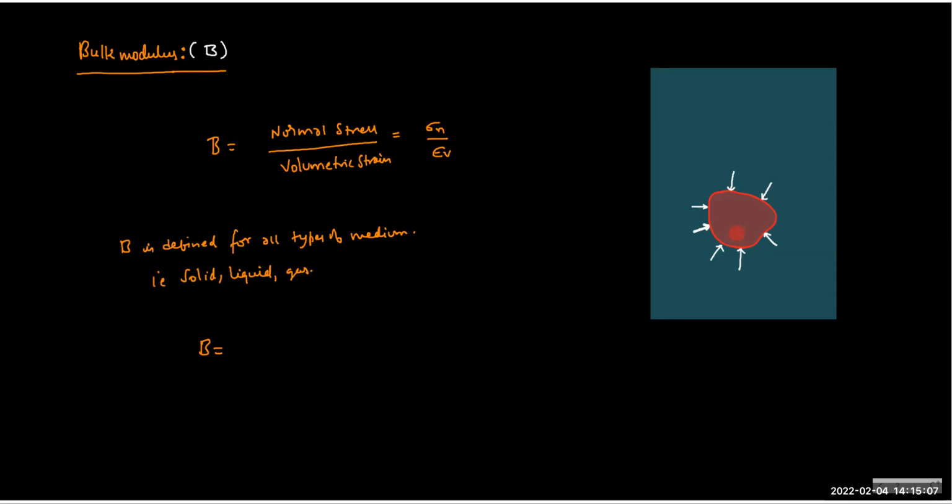And therefore, the bulk modulus we can define as normal stress, and normal stress is basically, in case of liquid, the excess pressure that we create.